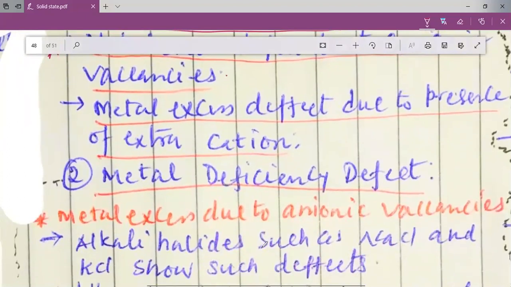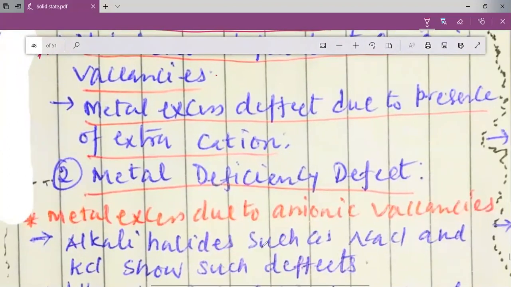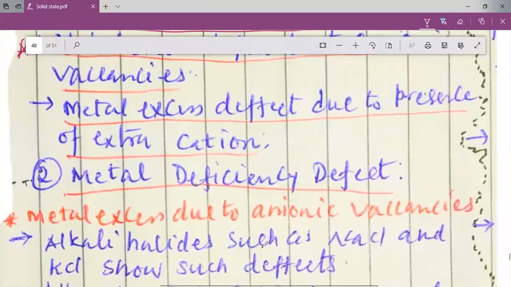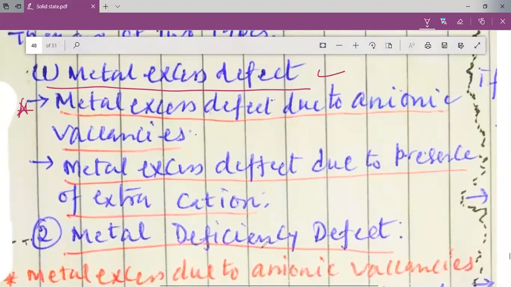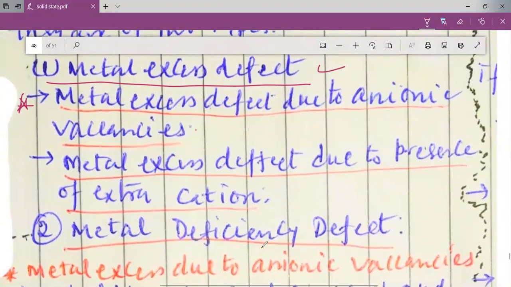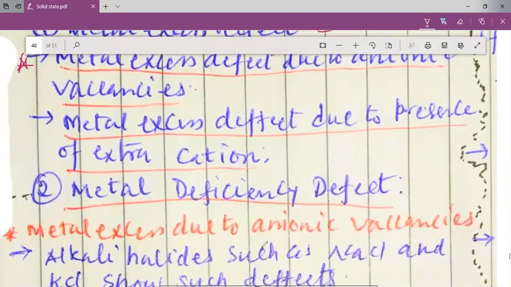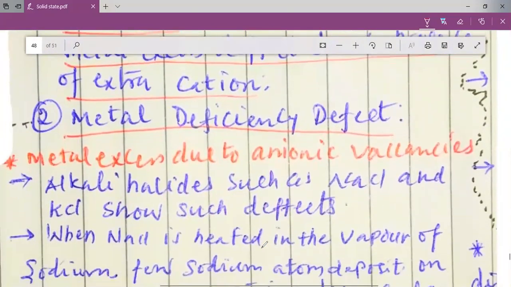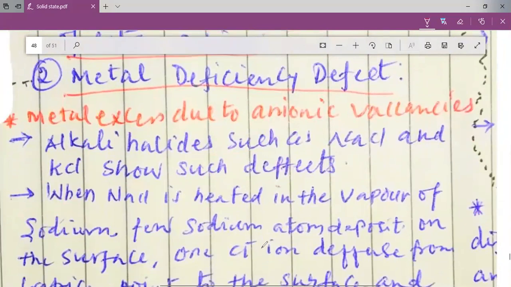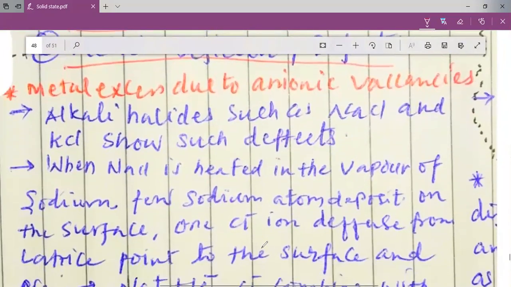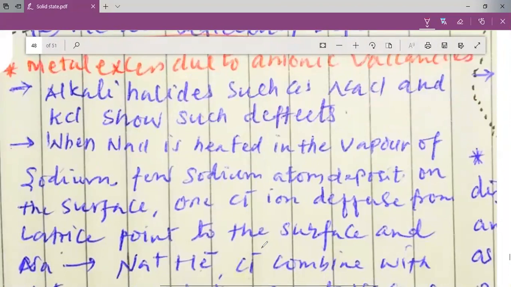Metal excess defect due to the presence of extra cation. So we have two types of defects. One is metal excess defect due to the anionic vacancy, and another one is metal excess defect due to the presence of extra cation. And the next one is the metal deficiency defect. So first let us study metal excess due to the anionic vacancy.